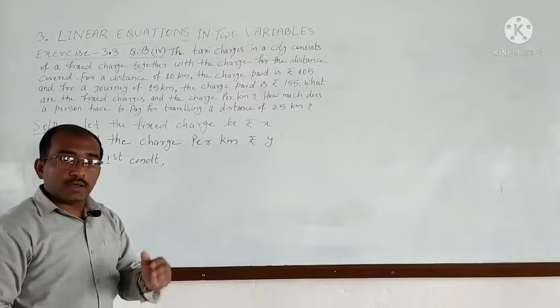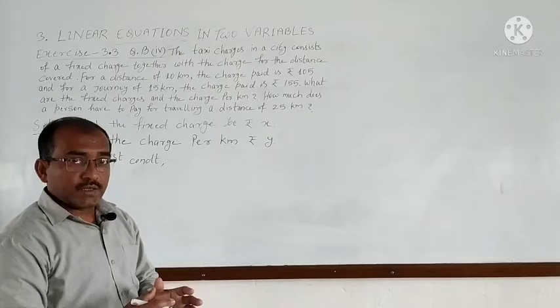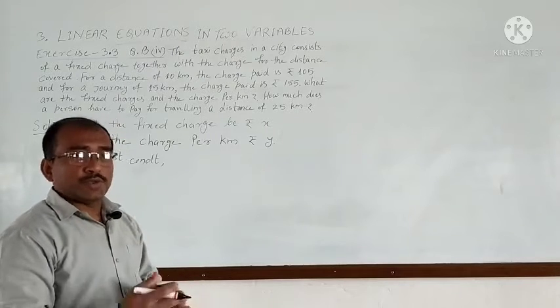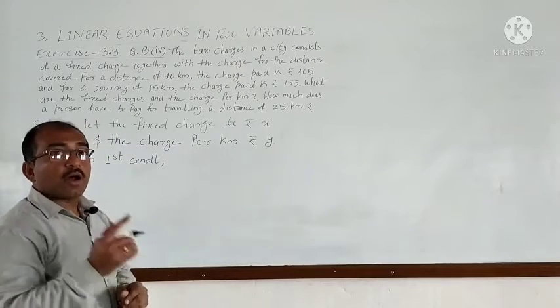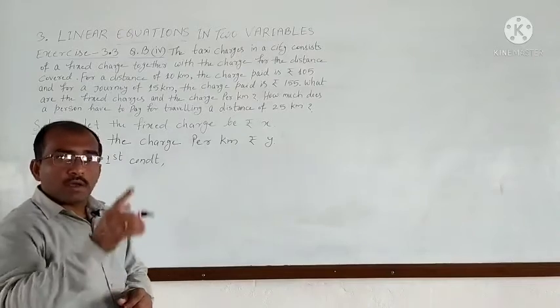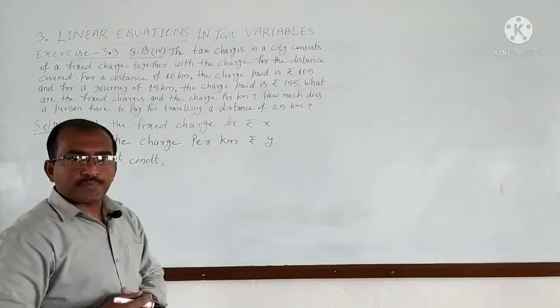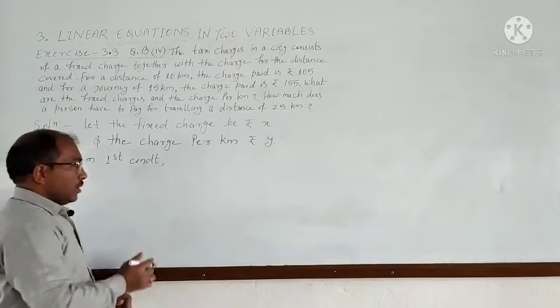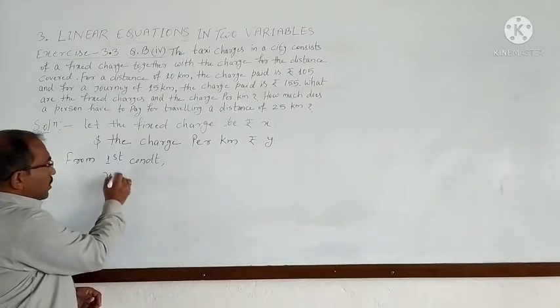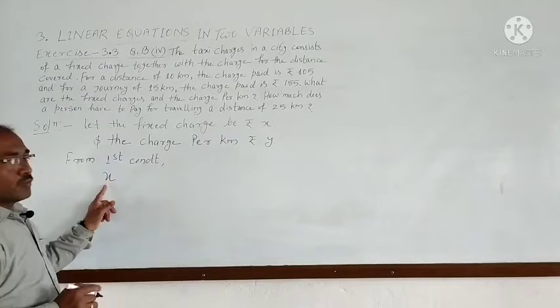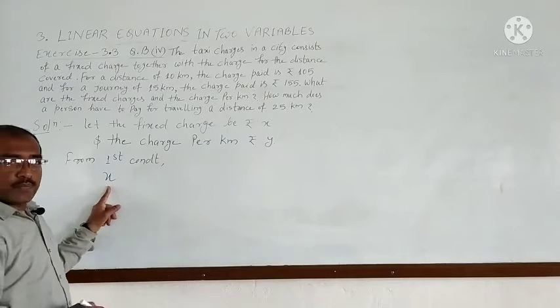So a man went 10 kilometers by that taxi and paid 105 rupees to the driver. How was the total fare calculated? First he gave X rupees, because that is the fixed charge.